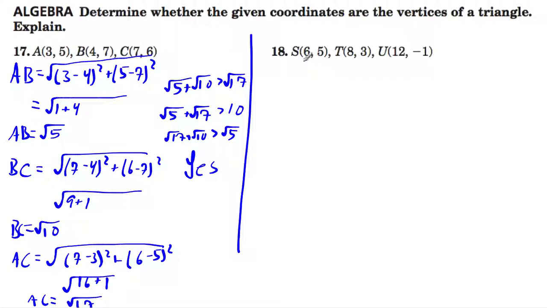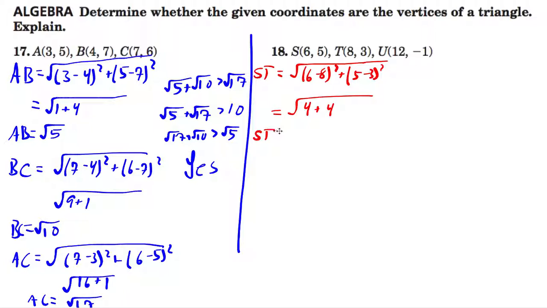So I'm going to do the same approach for number 18. So ST is going to be equal to 6 minus 8 squared plus 5 minus 3 squared. So this right here is 2 squared, so that's 4 plus 4. So we get ST is equal to the square root of 8.